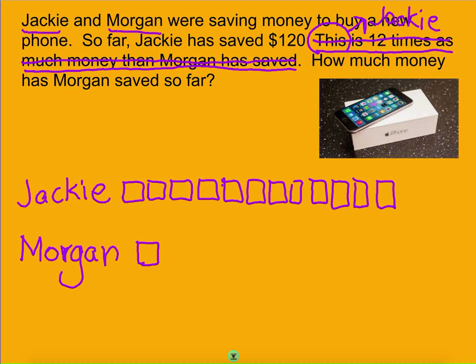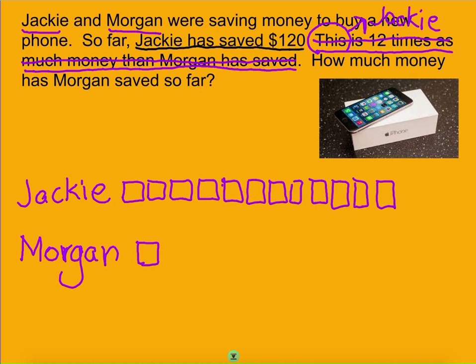And now we're going to look at the next piece of information that's available to us. The piece that we didn't do, we're not ready to answer the question yet, is so far Jackie has saved $120. Now, we're referring to Jackie, okay?